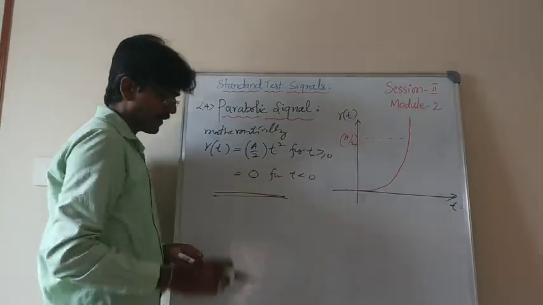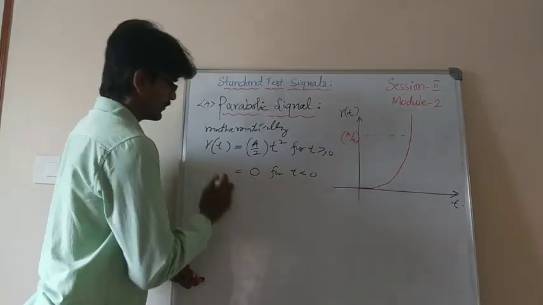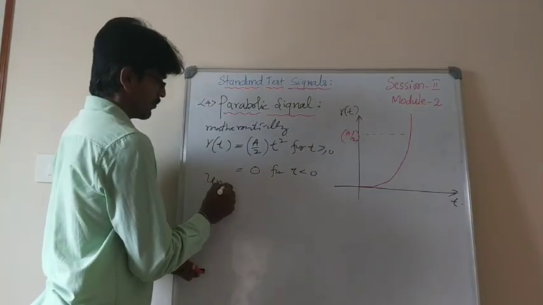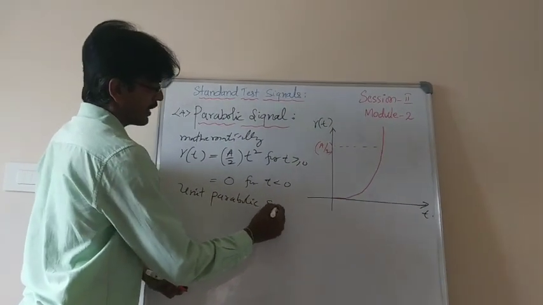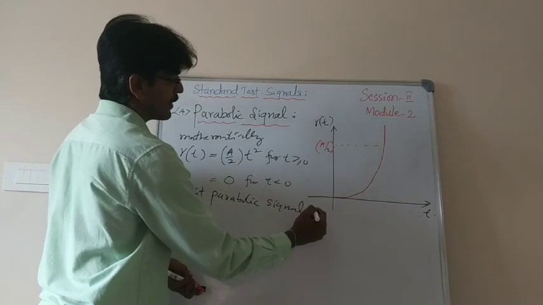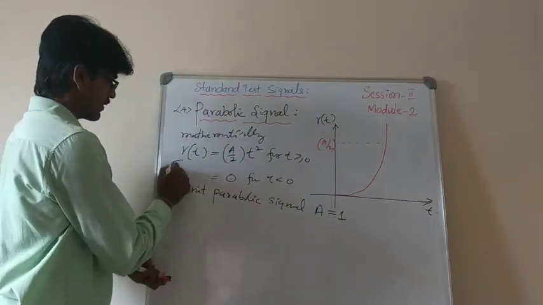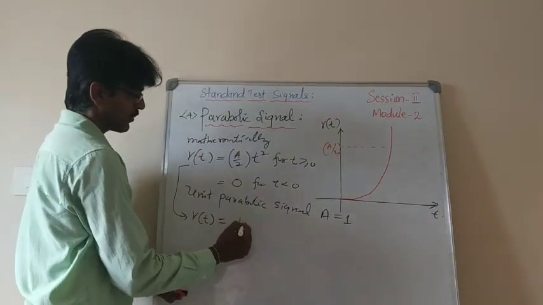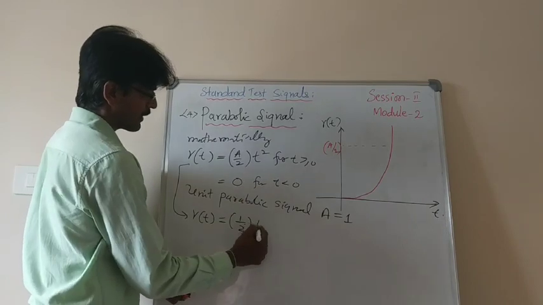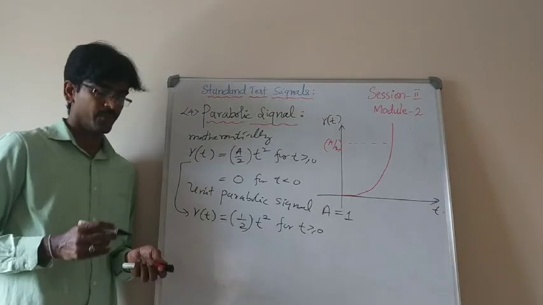Now again, if I consider unit parabolic signal, amplitude a is equal to 1. And what happens? This r of t value is equal to 1 by 2 into t square, which holds good for t greater than or equal to 0.